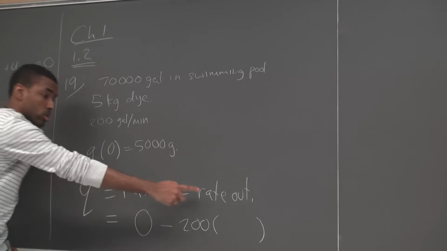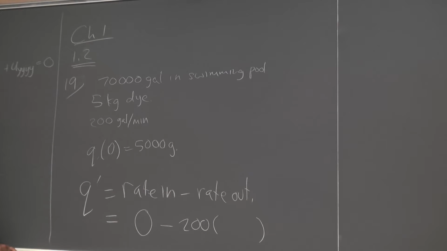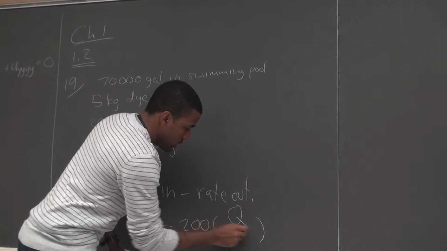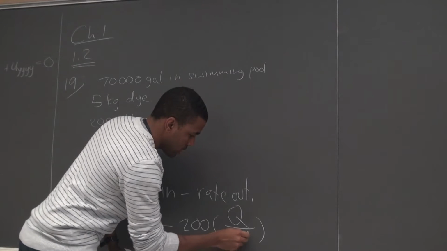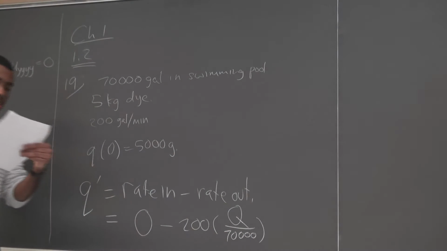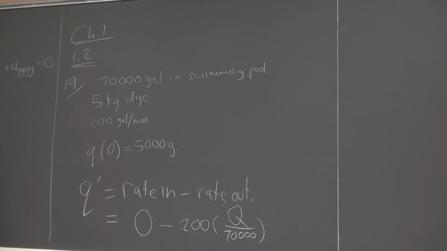This is what's going out, so we definitely have some dye in it. 5 kilograms divided by 70,000. It is Q over 70,000. It's 70,000 gallons. Do we see why it's Q over 70,000?